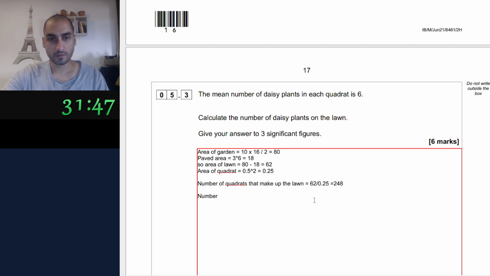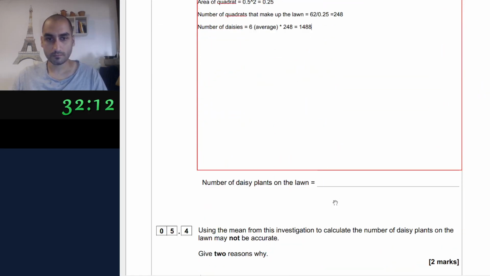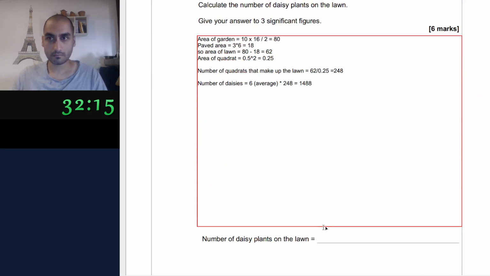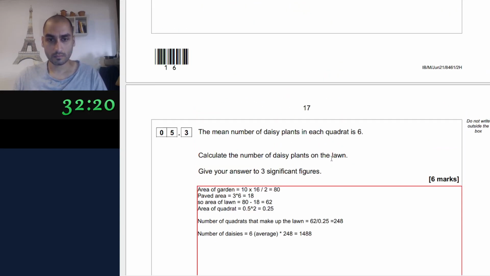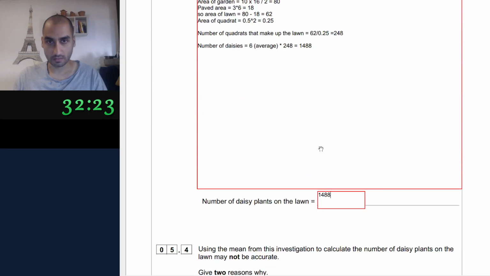Number of daisies equals 6 average times 248 quadrats equals 1488. To 3 significant figures, okay.